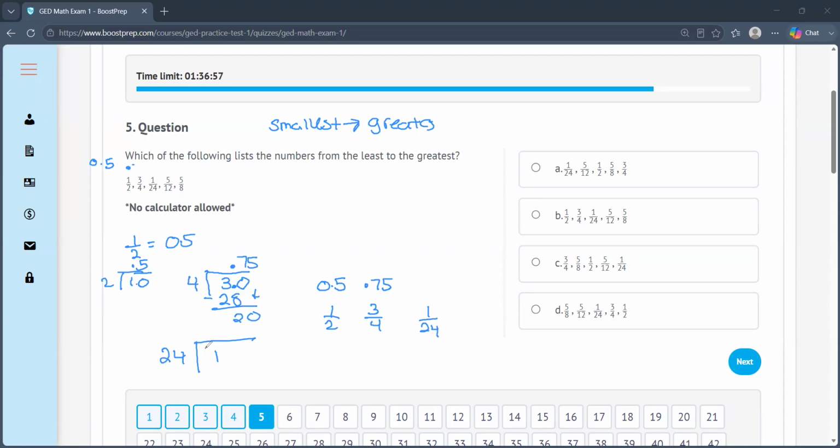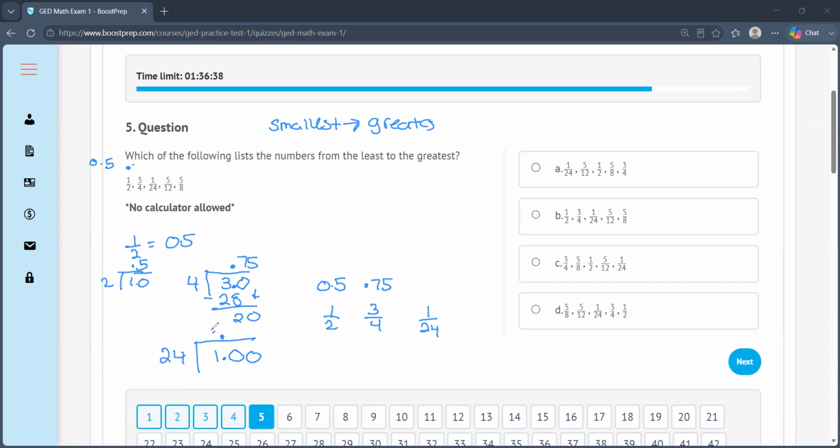Obviously, 24 is larger than one, so you put a decimal. 24 is way too big for 10, so you're going to have to add an extra zero. Now that's 100.